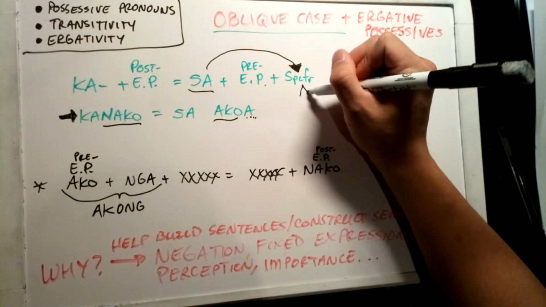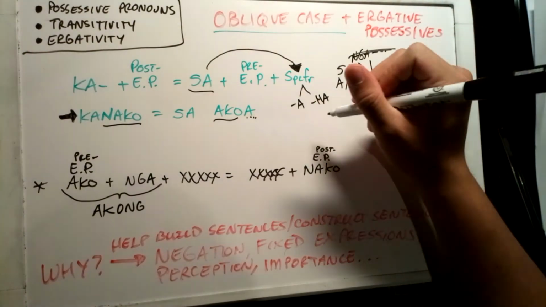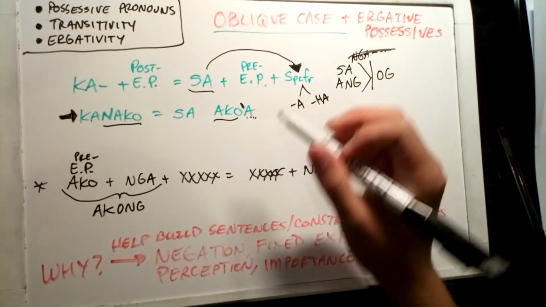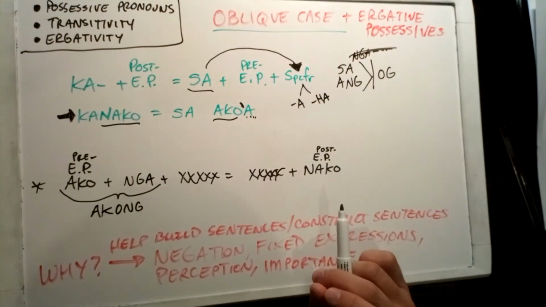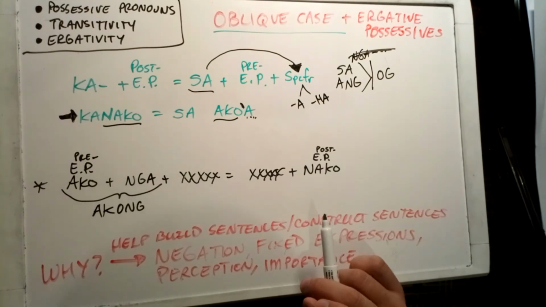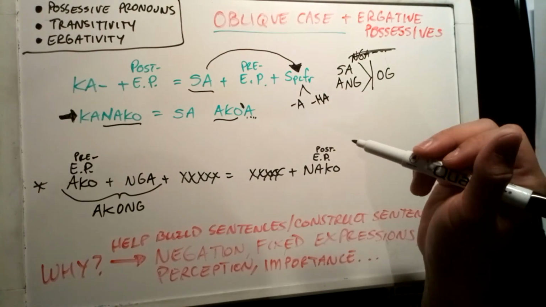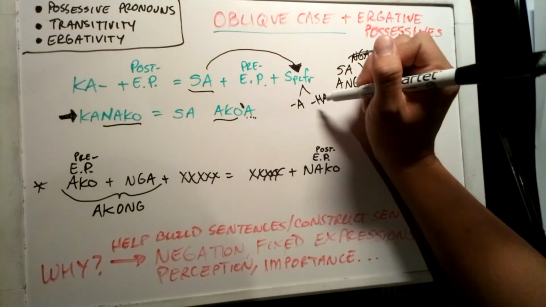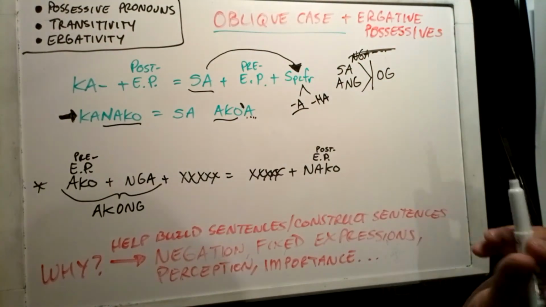Remember, our specifiers are either a or ha, right? Why do we use ako a? Because there's a glottal stop here, and glottal stops are always consonants or unstressed. Yeah, so that's why we have to use a. Ha takes the others, okay?